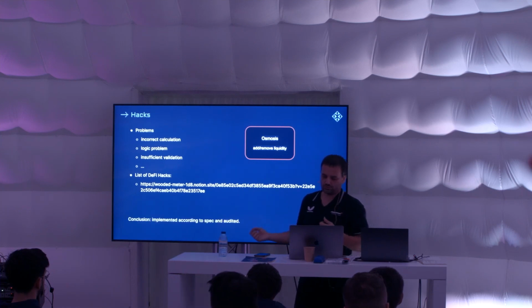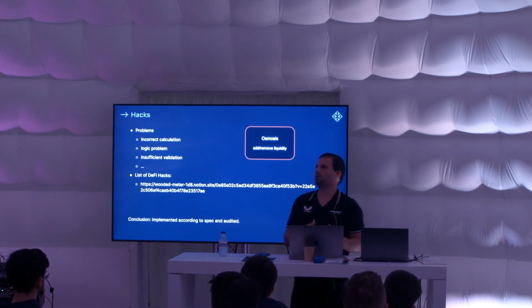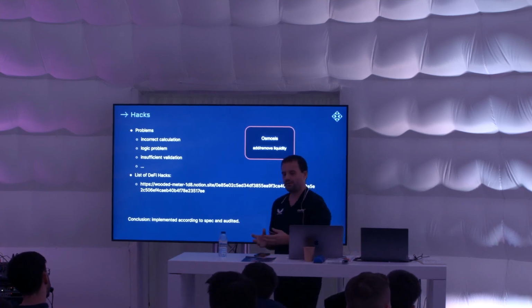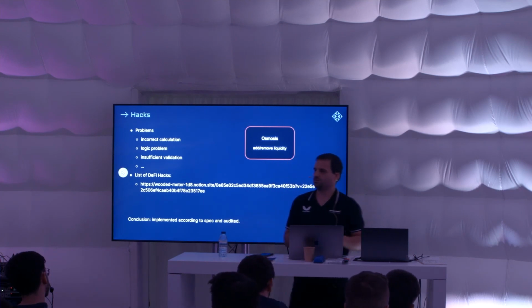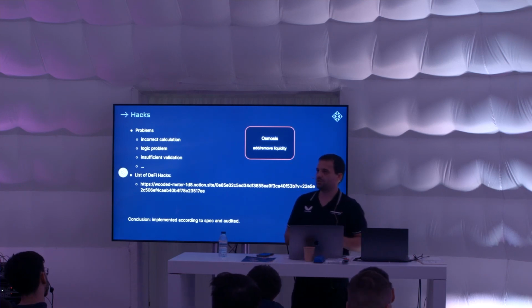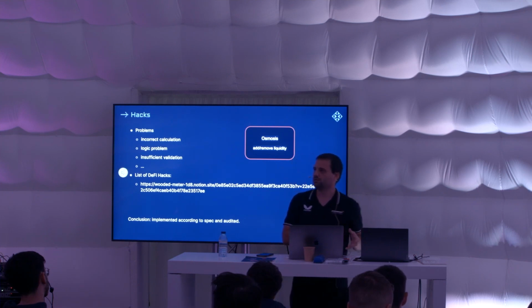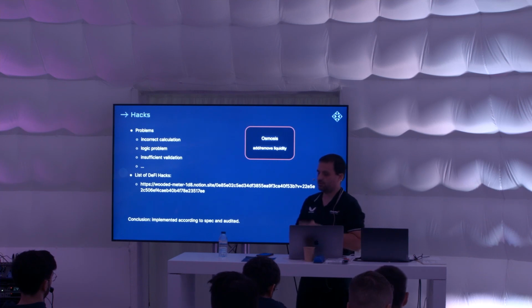So the conclusion would be: you have your spec, implement according to the spec as accurately as possible. And the important thing is to choose your audit company carefully. Our XYK implementation in Basilisk went through the audit. Nothing was found, but there was a problem.